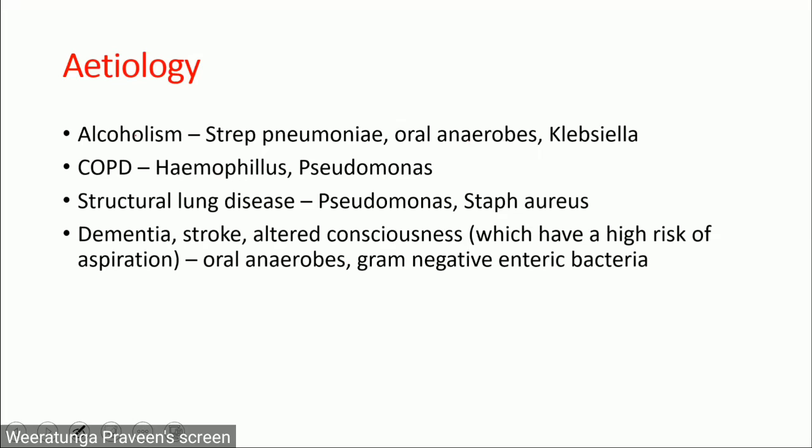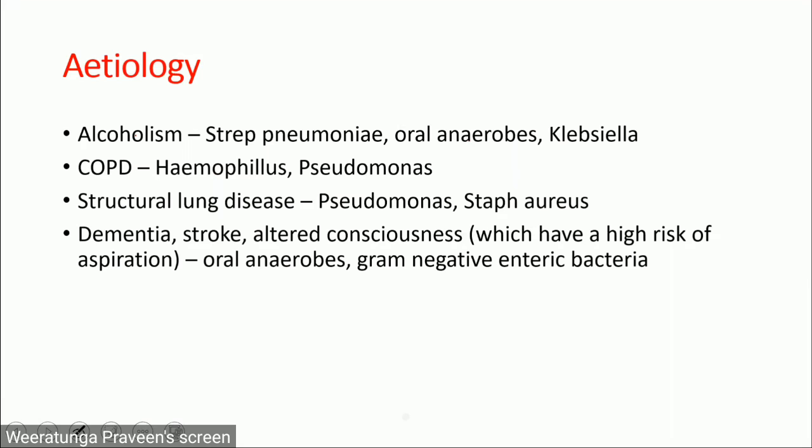Pseudomonas infection is particularly troublesome in patients with COPD and bronchiectasis. So please keep an eye out on that, right? And in patients who take a lot of alcohol, they have a risk of aspiration pneumonia.